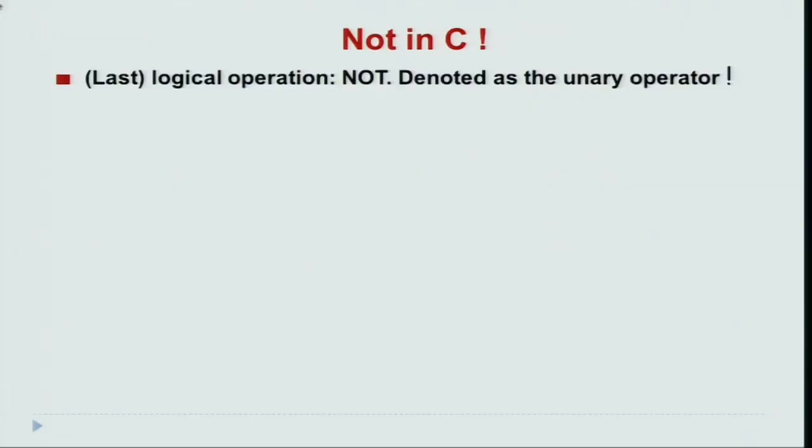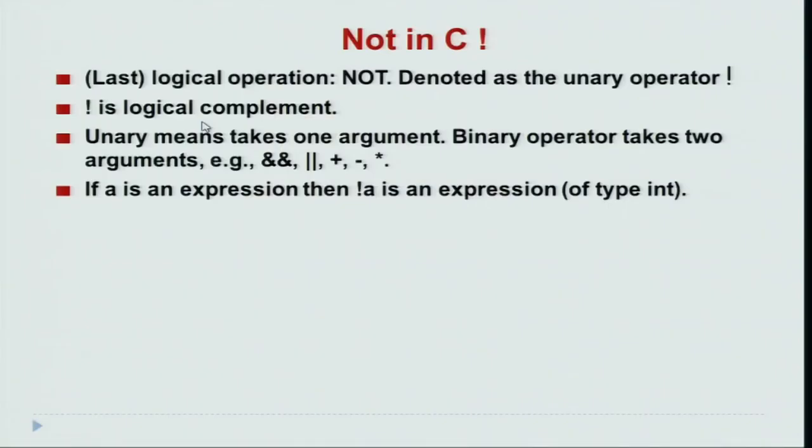So, the third logical operation is NOT. Okay. Now, NOT in C is denoted as the exclamation mark. Okay. So, let us see an example of that. So, NOT is the logical complement and it takes only one argument. This is different from the previous two that we have seen. A or B and A and B both took two arguments each.